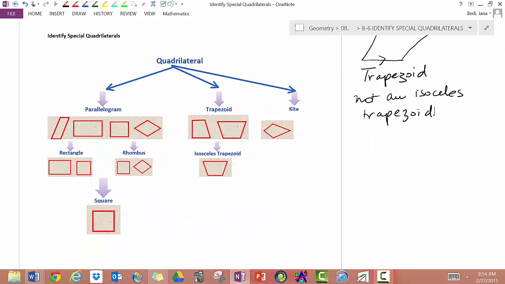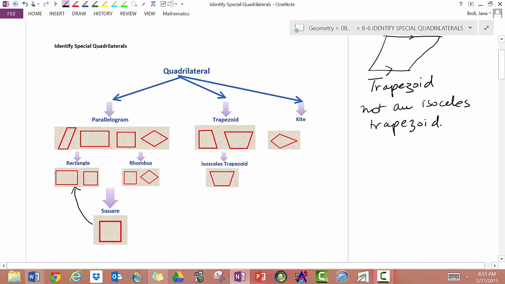One of the ways to look at this chart is to go from the bottom up. So let's start with the square. A square has all the properties of a rectangle. In fact, it is a rectangle with four congruent sides. A rectangle has all the properties of a parallelogram, plus it has four right angles: 1, 2, 3, 4.